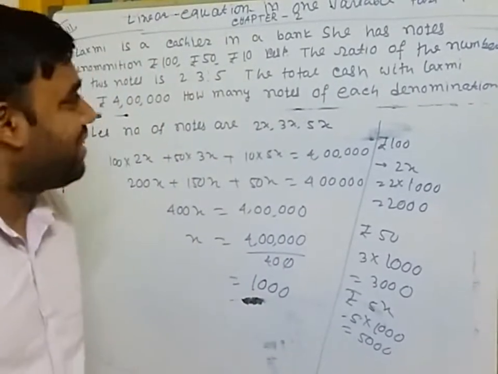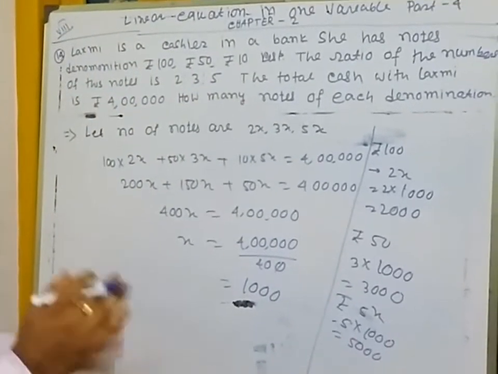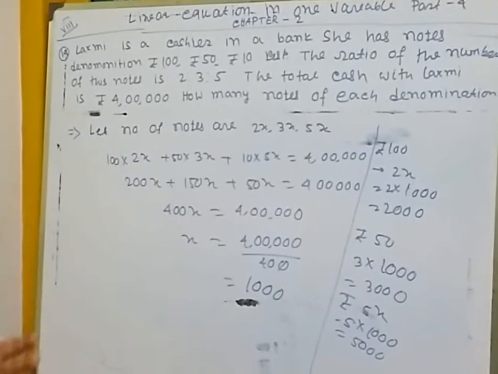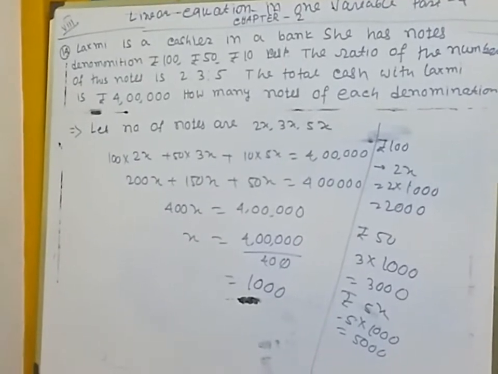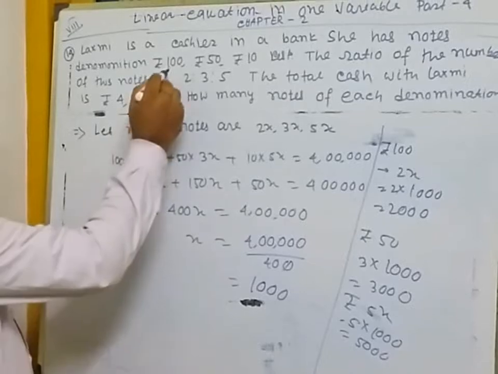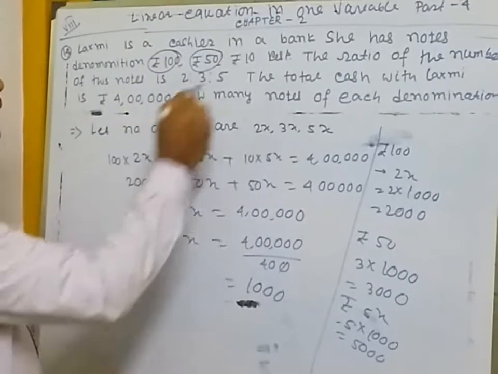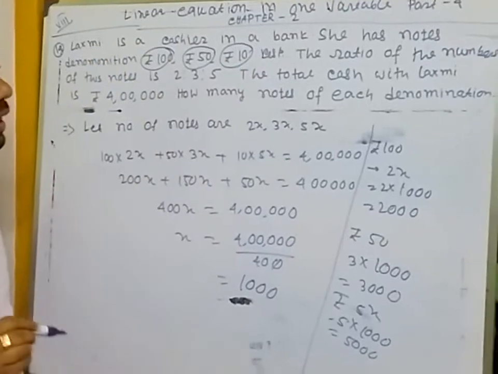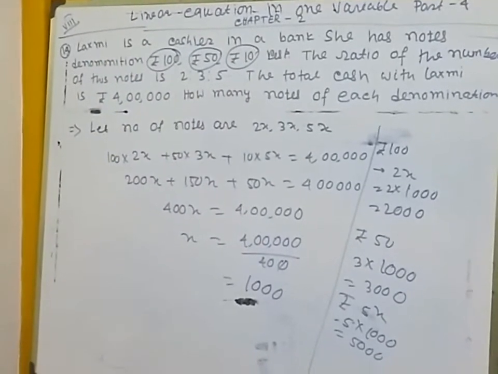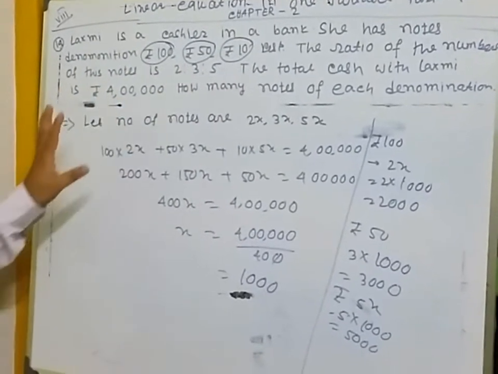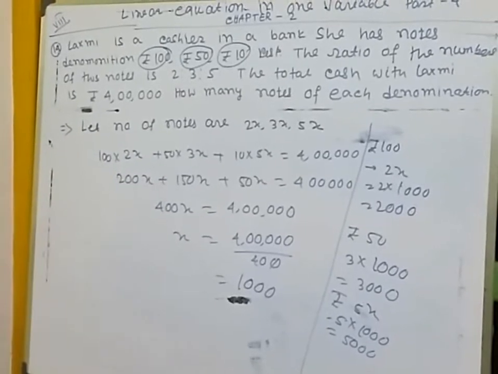So it is clear that Lakshmi has rupees 4 lakh and the notes are of rupees 100, rupees 50 and rupees 10. With some notes, she has rupees 4 lakh.